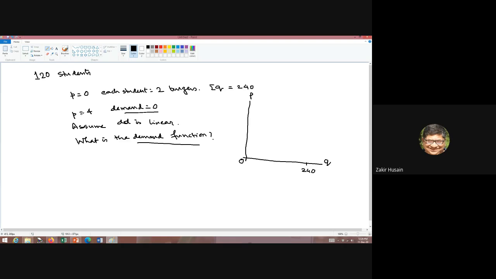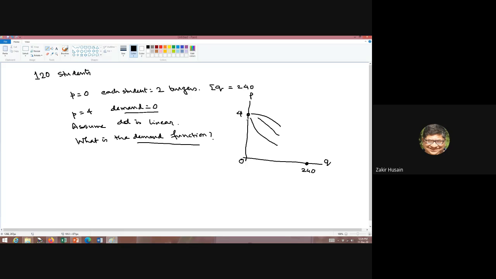Now use this. So this is one point on the demand function, right? What is the second point? Price is 4, so demand is 0, on the y-axis. Now we don't know what the curve looks like. It can be like this, it can be like this, whatever.